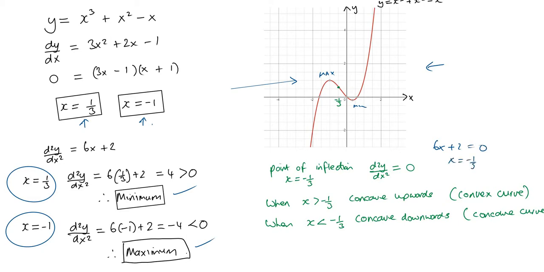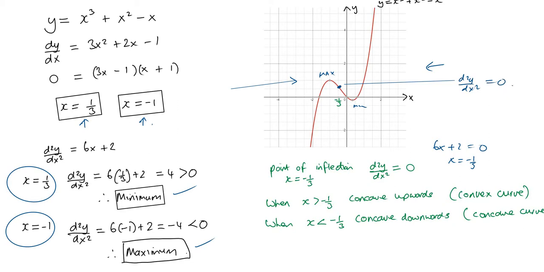Here we've gone from concave upwards to concave downwards, or from a convex curve to a concave curve, and this point is called a point of inflection, when d2y by dx squared is equal to naught.